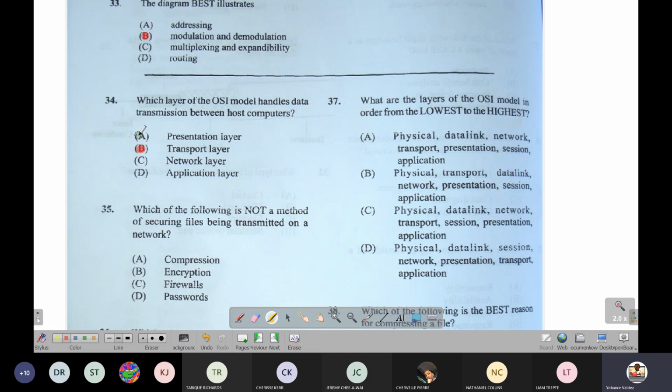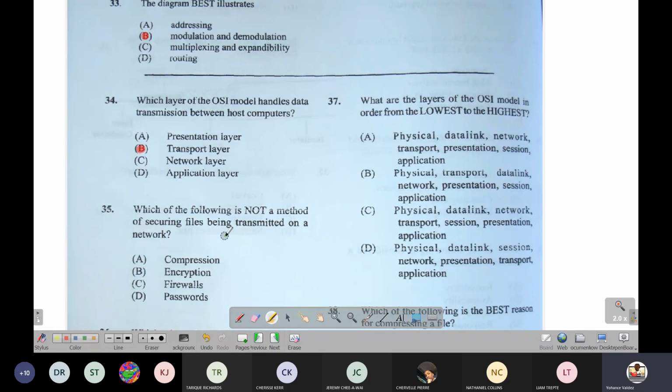The presentation layer deals with encoding, and the application layer deals with the actual applications that utilize protocols, like SMTP for mailing, HTTP for web pages, or FTP for file transmission.